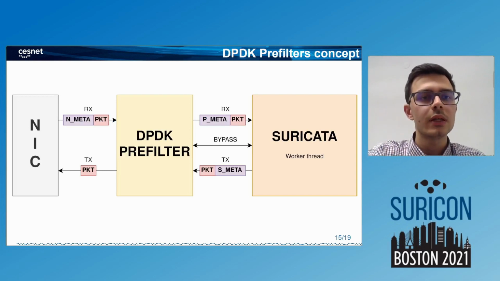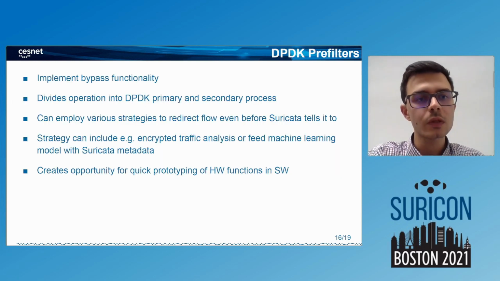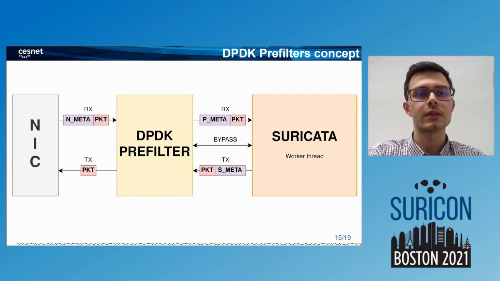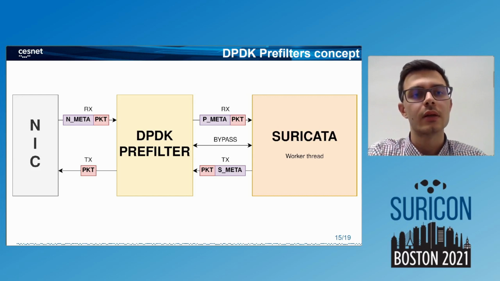Now, DPDK prefilters, as we can see, implement bypass functionality. If we move to the previous slide, we can see that a DPDK prefilter is in front of Suricata and is connected to the NIC. It receives packets from the NIC, and then the prefilter sends the packet to Suricata.